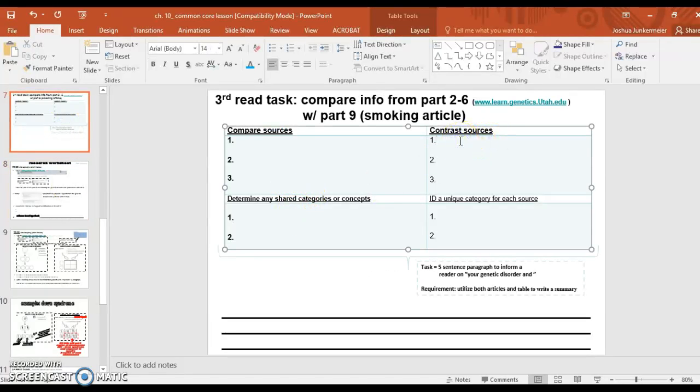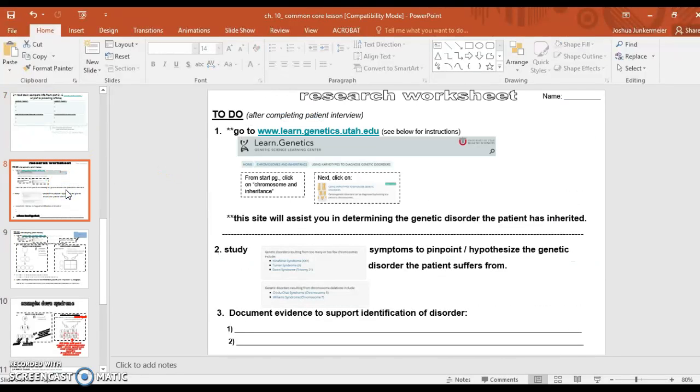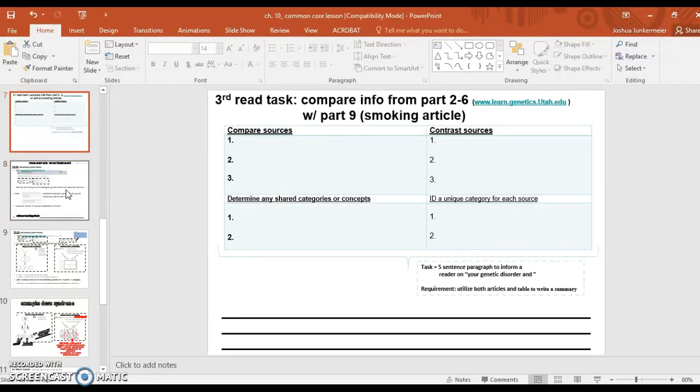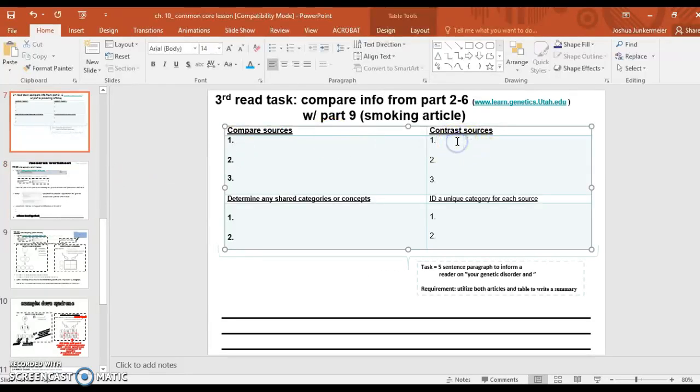How are they different, though? The article that you read and parts 2 through 6 here don't share all the exact same information, because it doesn't. What are things that they talk about that are different from one another? And the things that they share are important, but the things that they don't share are also important because they provide you with unique things.